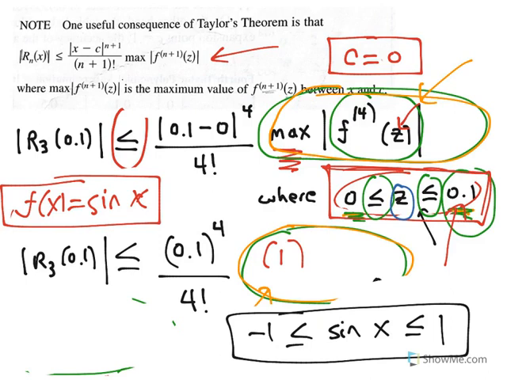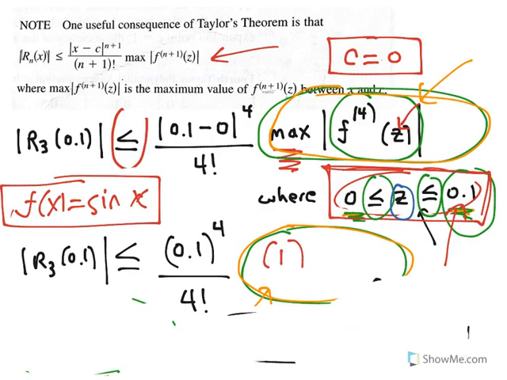If you wanted to fine-tune it a little bit, you could, because we know that sine of pi over 6 is equal to 1/2. And pi is about 3.14, so pi over 6 is more than 0.5. So pi over 6 is outside of this interval for z.